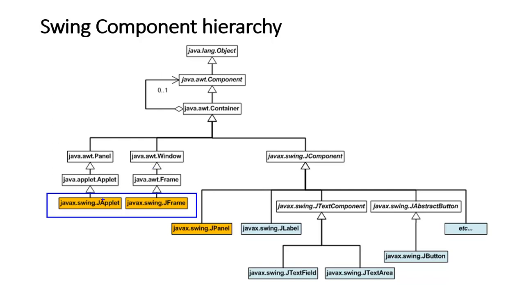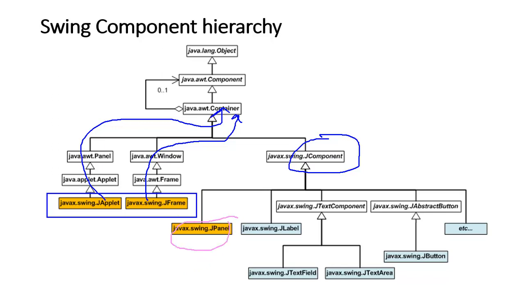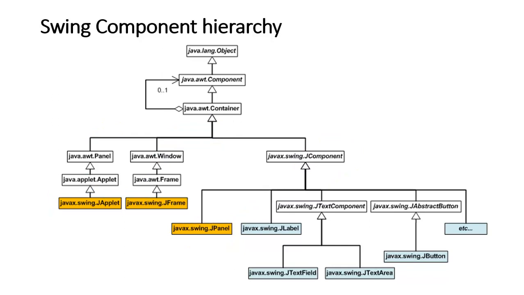Now these containers are not derived from JComponent. They are directly inherited from the containers of AWT. They don't have the Swing component. Whereas if you look at the JPanel over here, which is a container, it is derived from JComponent. Now all those containers which are not derived from JComponent are called top level containers.